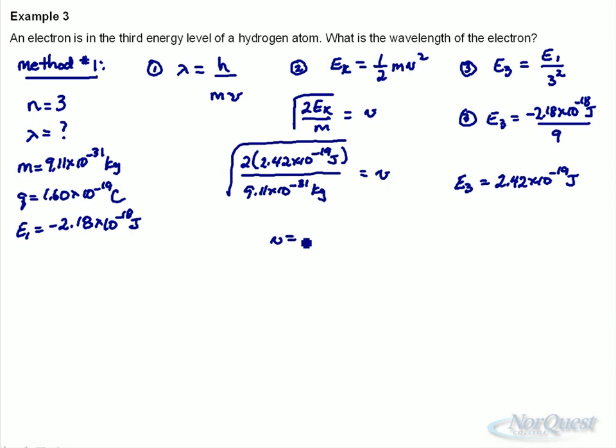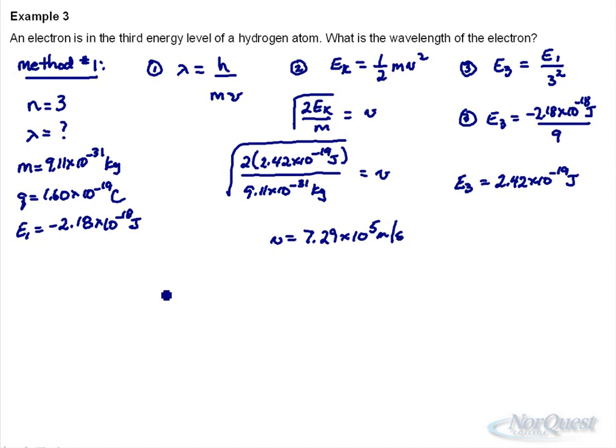So multiply your original number by 2, divide by 9.11 times 10 to the exponent negative 31. Take the square root of that value, and you end up with a velocity of 7.29, again I'm rounding, times 10 to the 5 meters per second.